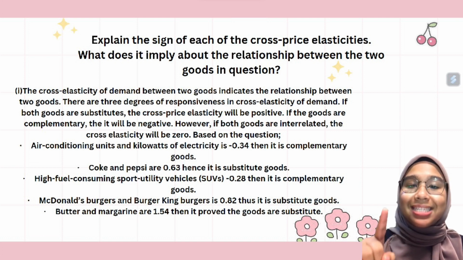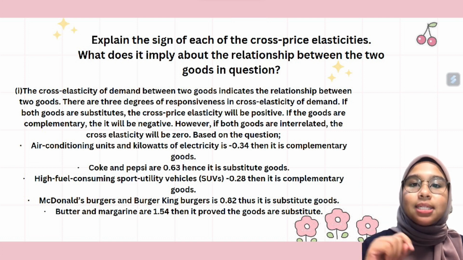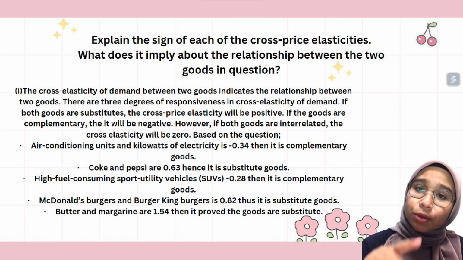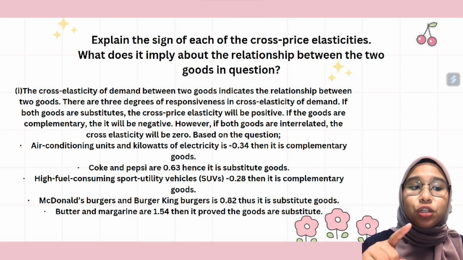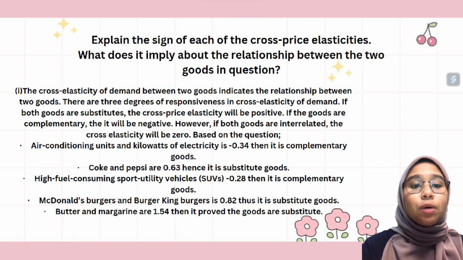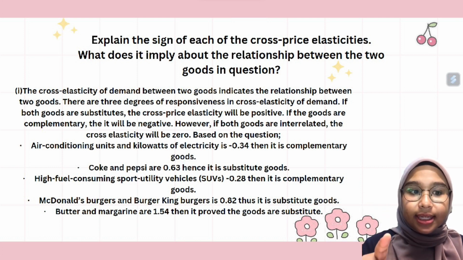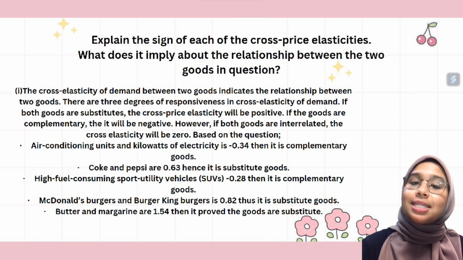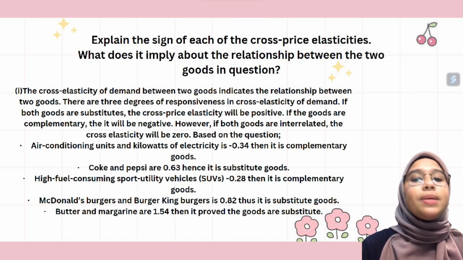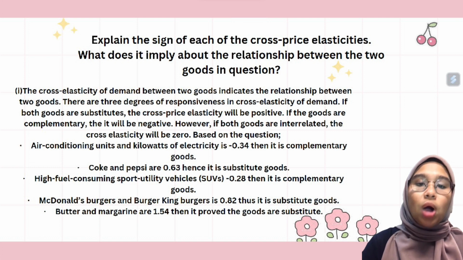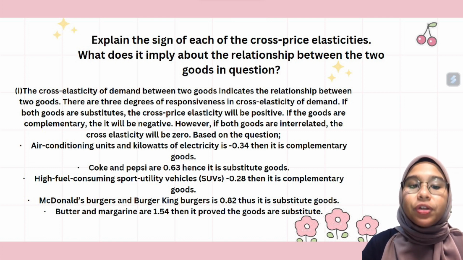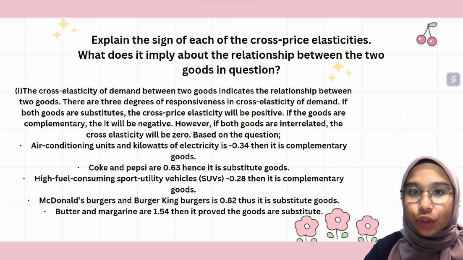It is 0.63, which is substitute goods. High fuel consuming sport utility vehicles and gasoline, it is negative 0.28, which is complementary goods. McDonald's and Burger King, 0.82, substitute. Same goes to butter and margarine, 1.54, proving the goods are substitutes.